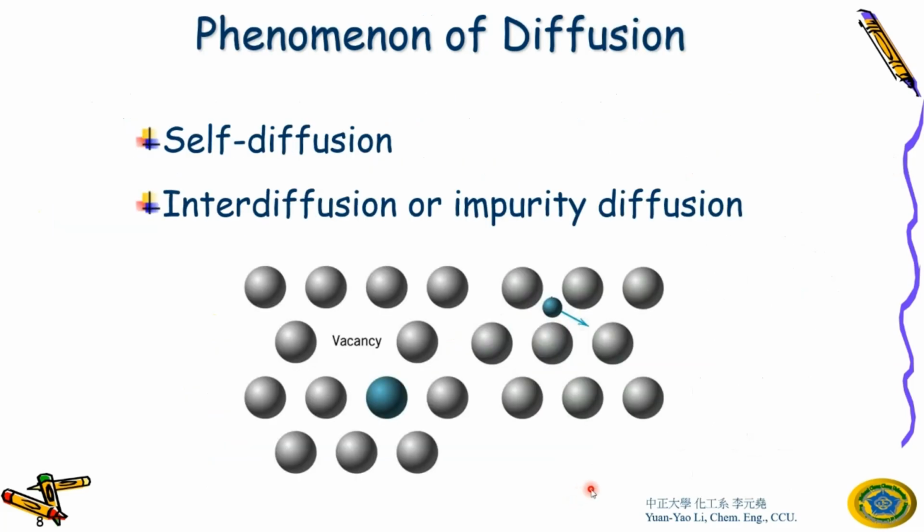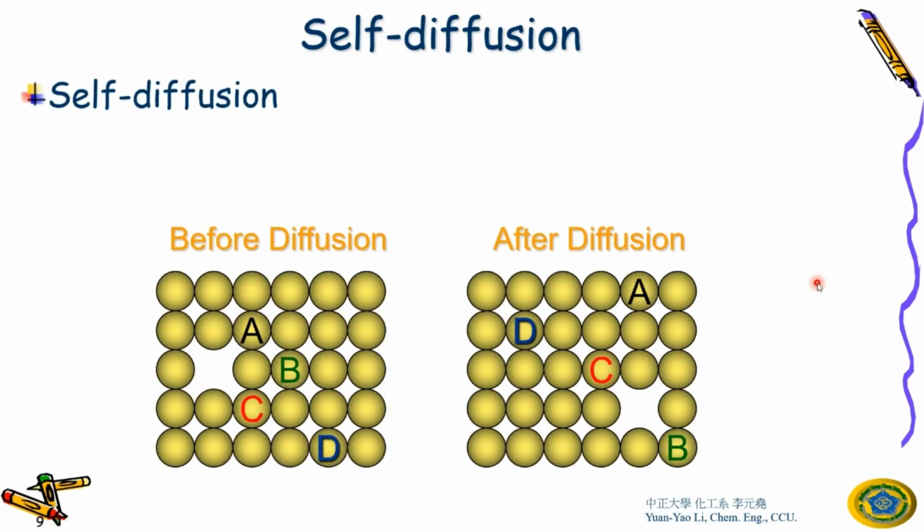So for the phenomenon of diffusion in solids, there are 2 types. The first one is called self-diffusion. Self-diffusion means you have this vacancy, and this is A atom and B atom, A atom and A atom. So you have self-diffusion between these. And the second one is interdiffusion or impurity diffusion. So what is self-diffusion? You have the same atom, but you just mark this atom as A atom and this atom as B atom, but in fact, they are the same type of atom, like carbon and carbon, iron and iron, copper and copper.